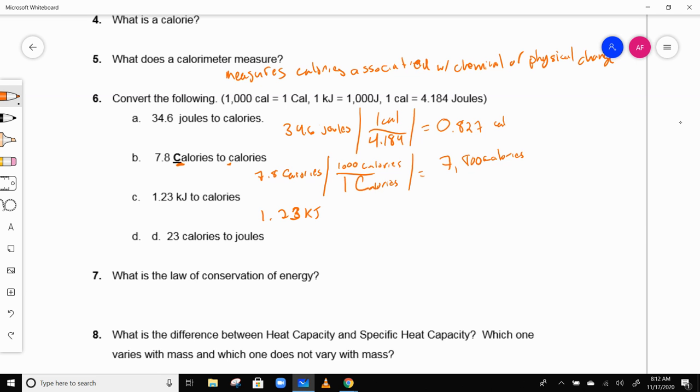We have to go to joules first. There's 1,000 joules for every 1 kilojoule. And then 1 calorie is 4.184 joules. So 1.23 times 1,000 divided by 4.184, and we get 294 calories.